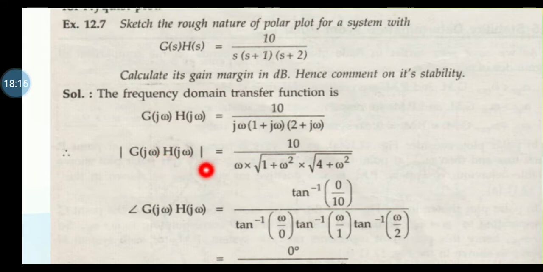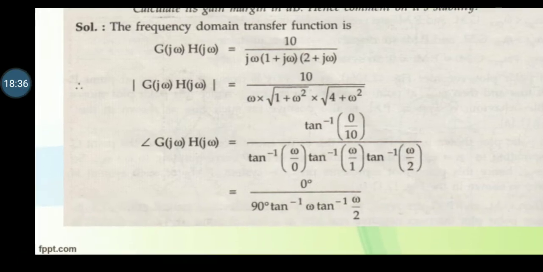So magnitude of g of j omega h of j omega is 10 divided by omega into root of 1 plus omega square into root of 4 plus omega square. So angle of g of j omega h of j omega is tan inverse 0 by 10 divided by tan inverse omega by 0 into tan inverse omega by 1 into tan inverse omega by 2.